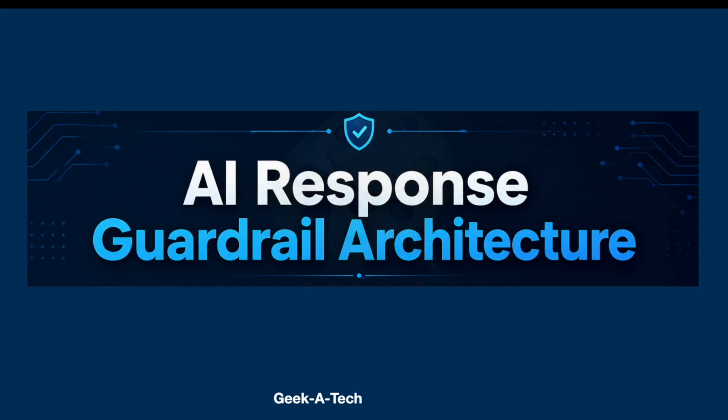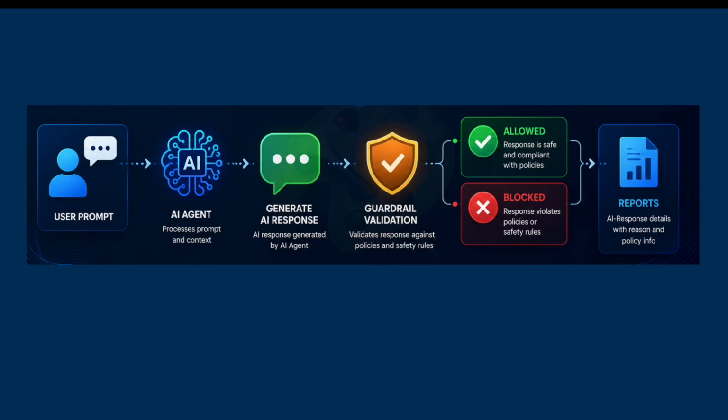So this is the very basic flow which I created, and I think it will give you a very clear answer on how and where we should place the guardrail validations and how it works. Whenever the user gives the prompt to the AI agent, it processes the request and provides the response.